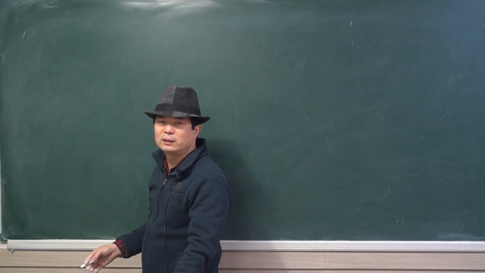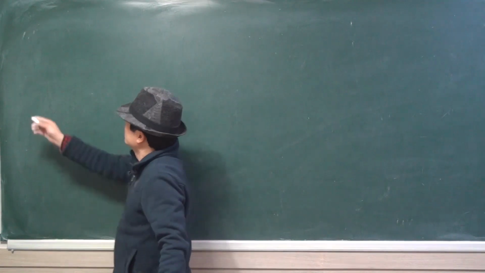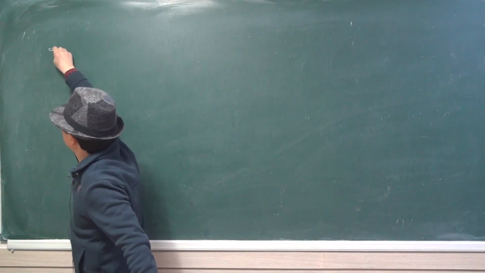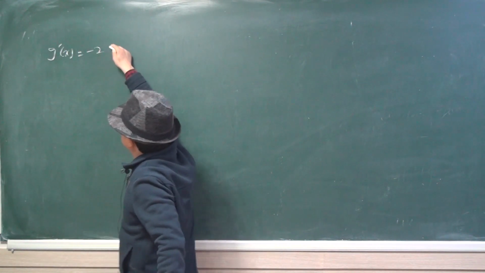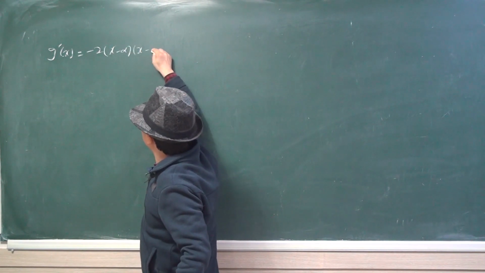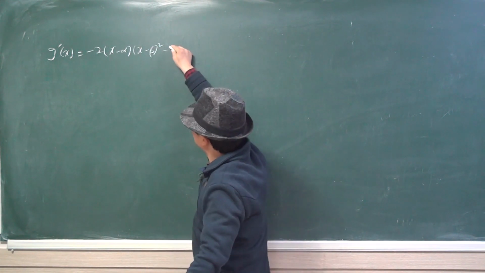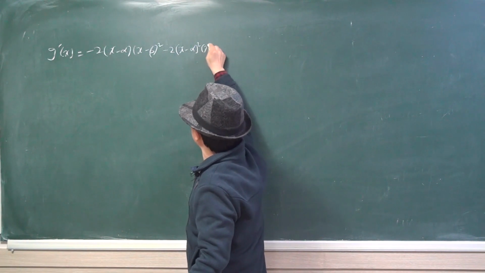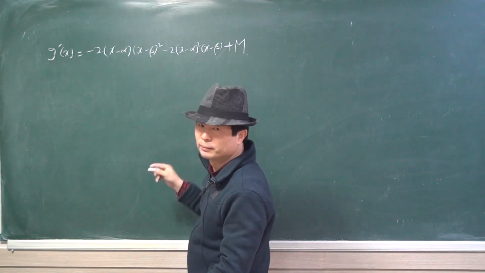There is only one task left. To finally find what capital M is, we first differentiate g(x). g'(x) equals minus 2 times (x minus alpha) times (x minus beta) squared minus 2 times (x minus alpha) squared times (x minus beta) plus m.